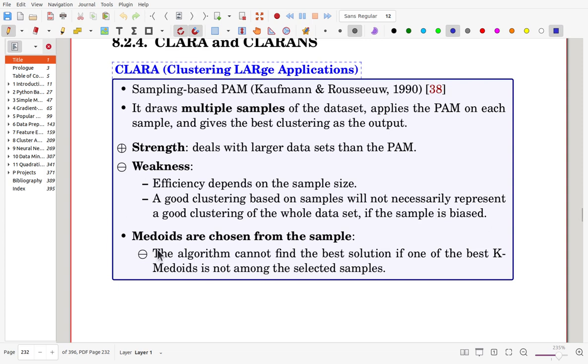The Medoids are chosen from the sample, so the algorithm cannot find the best solution if one of the best K-Medoids is not among the selected samples. That means it can be more efficient than PAM, however, it can be worse than PAM in accuracy.